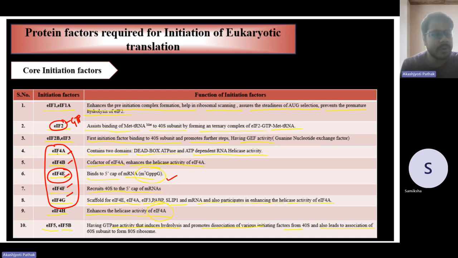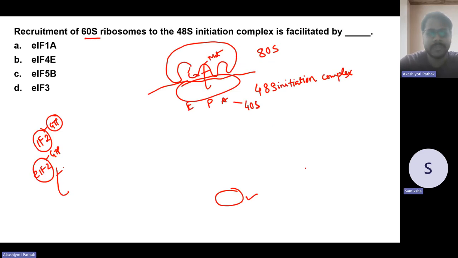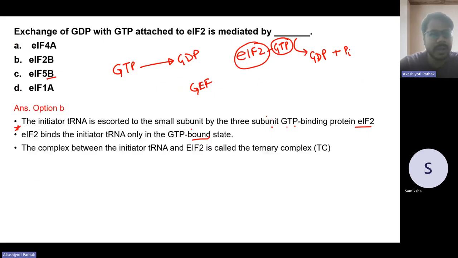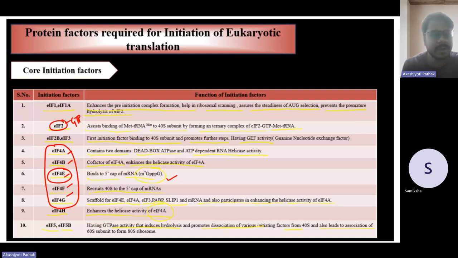All these 4A, 4G, 4B, if you remember the figure, they were all binding to the mRNA and bringing the mRNA to the 43S initiation complex. Okay. So it is not difficult. If you understand it, then it will be easy to remember. And then there is EIF3, binding at the A site, right?